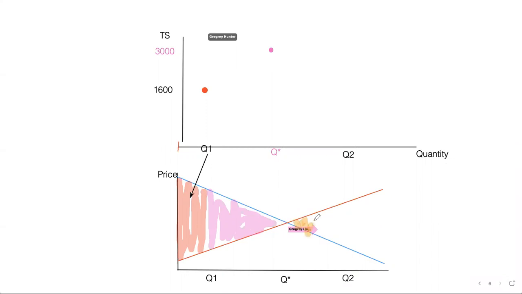So if I begin adding contributions of total surplus over here, you see the orange area. This is actually, and I'll put it in orange, negative contributions to total surplus.